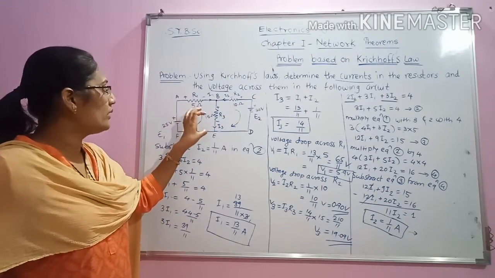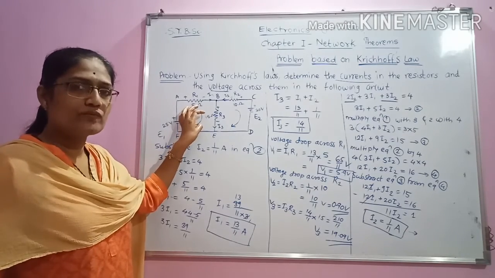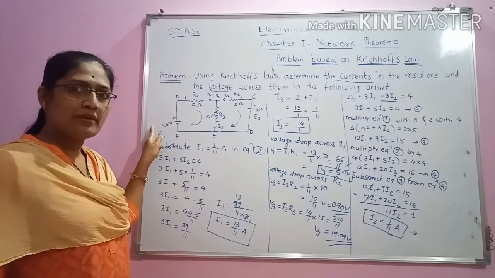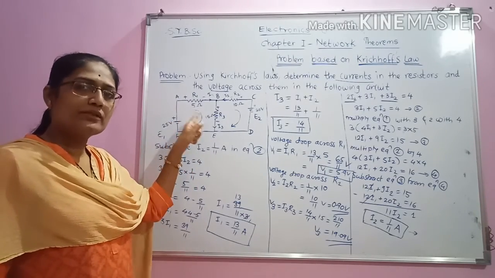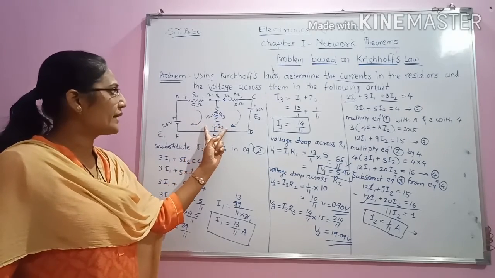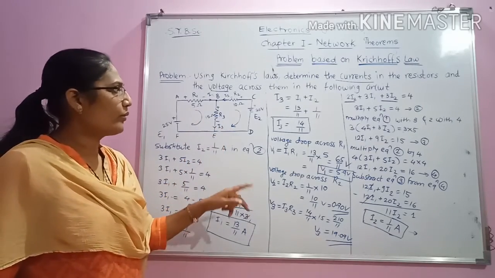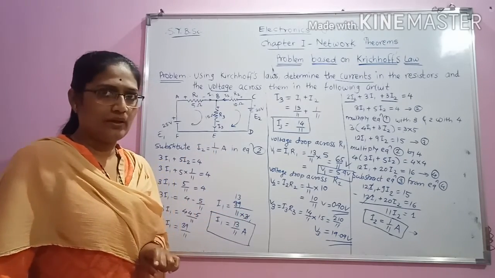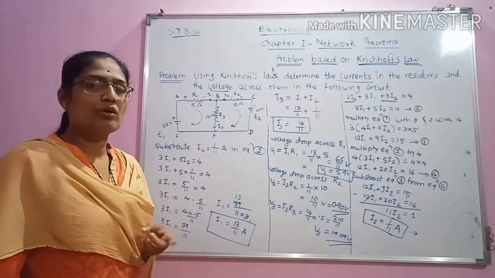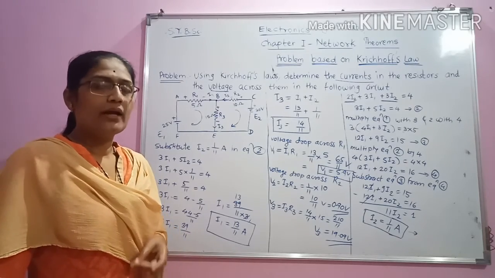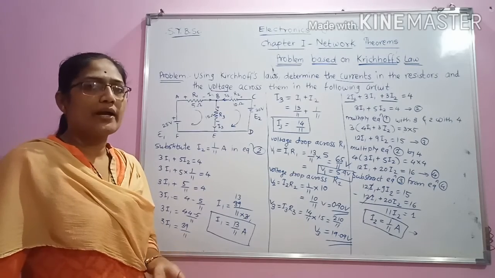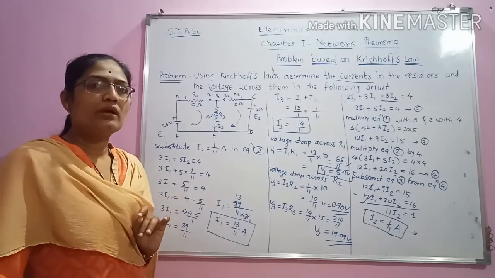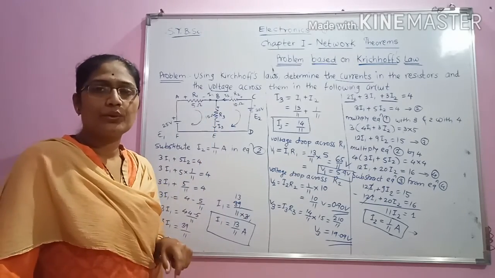By implementing Kirchhoff's voltage law condition, that is, the algebraic sum of the EMFs and the voltage drops is equal to 0 in the respective loops, we have found the values of I1, I2 and I3. And after substituting these values of I1, I2 and I3 in the formula V is equal to IR, we have calculated the respective voltage drops across R1, R2 and R3.